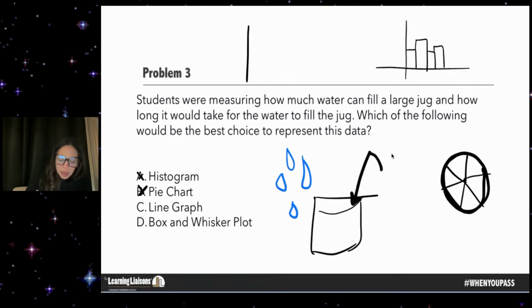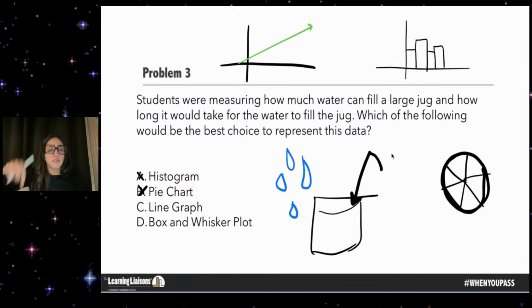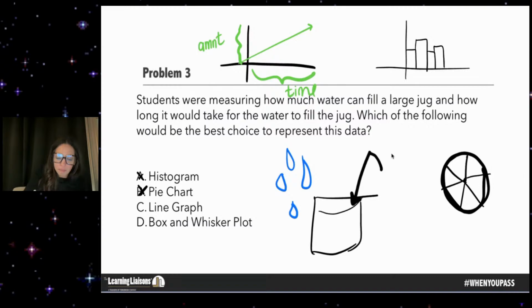But when I think about a linear graph, and we're looking at a constant stream of water into this jug, and we're looking at the amount of water over how much time, because the amount of water depends on how long I've been filling it up, right?